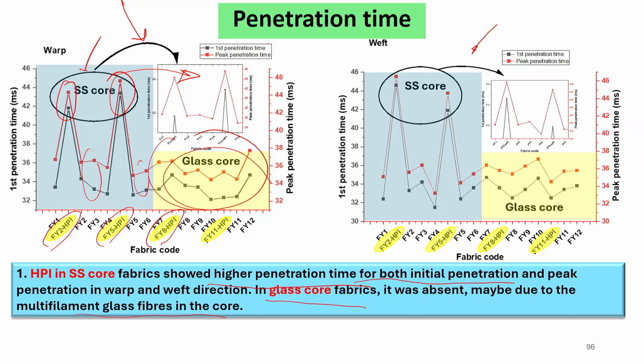Apart from the hard particle impregnated filament, for other filaments without hard particles the performance of glass core and SS core is almost the same, with no significant difference. This is true for both warp and weft.